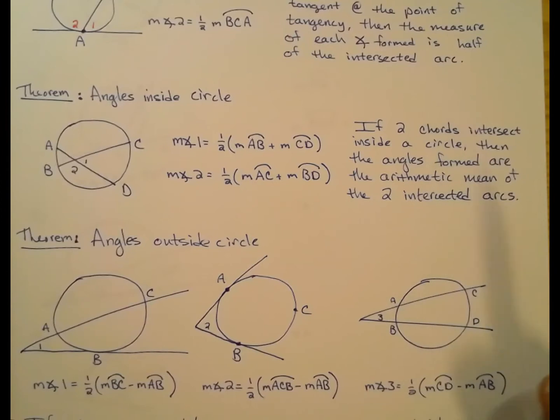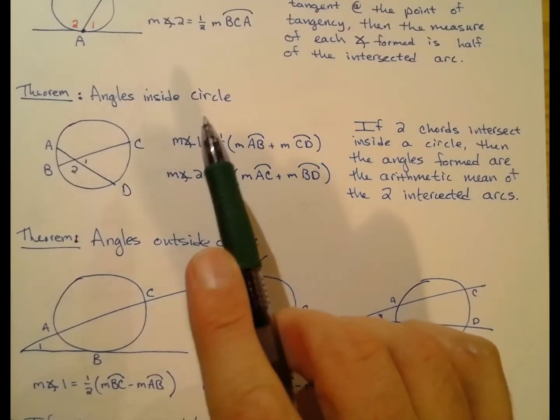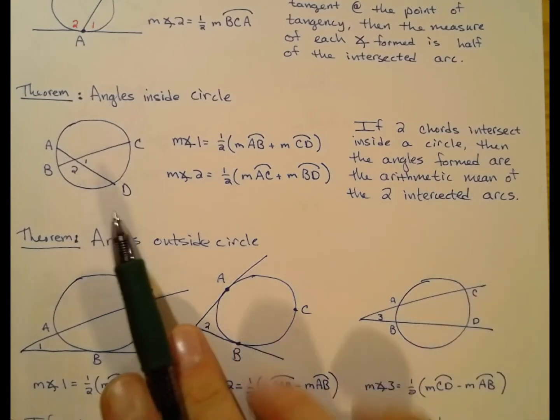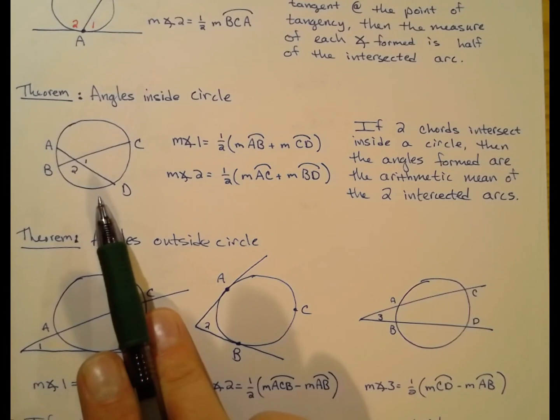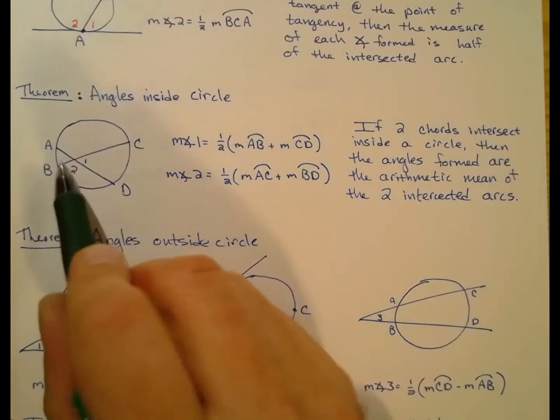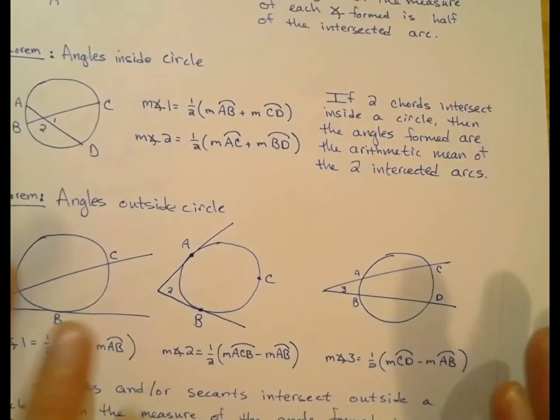Next theorem actually has a cool name, the angles inside a circle theorem. Here, when you have two chords that intersect inside the circle, the angle formed, and really both the angles formed, because we have vertical angles are congruent, of course.